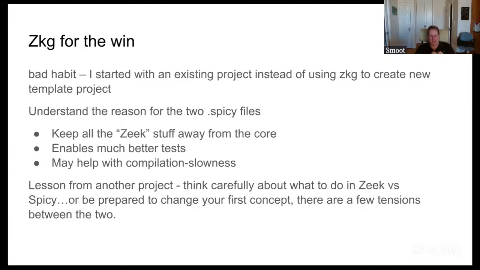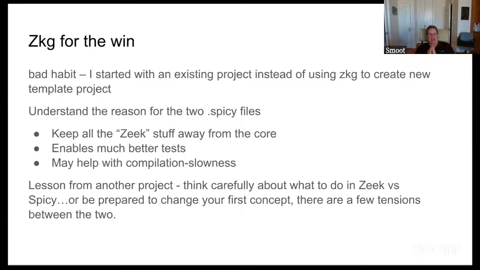In particular, even after I started using it, I failed to realize the point of the two different spicy files. By default it creates you an analyzer.spicy and, I can't remember, analyzer_zeek.spicy, something like that. And the bad pattern I had was basically getting to the PCAPs as fast as possible, right?